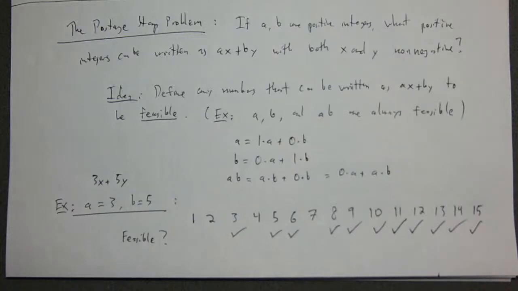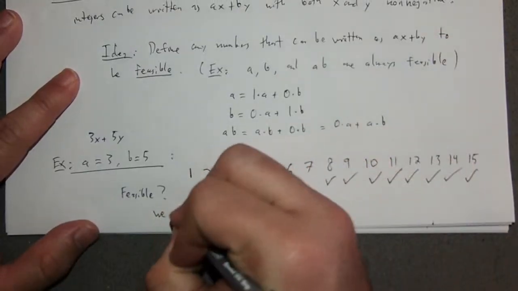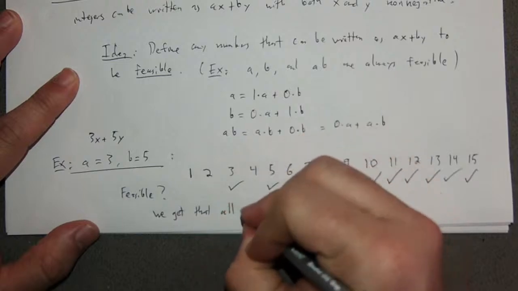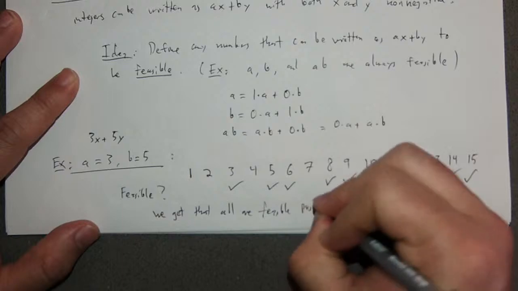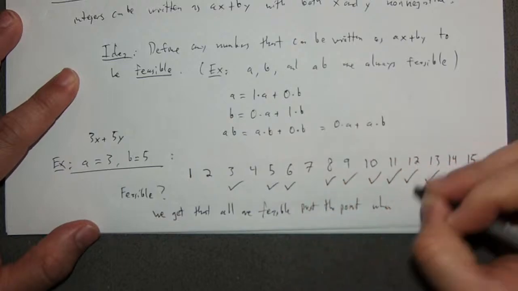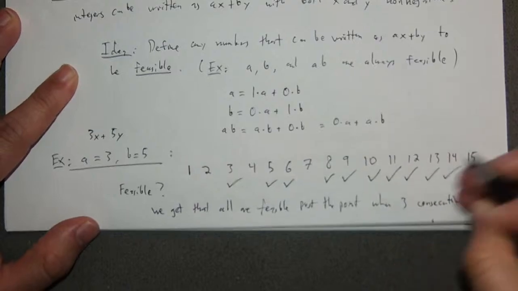So how does this work? In fact, we get that all are feasible past the point when 3 consecutive are feasible.